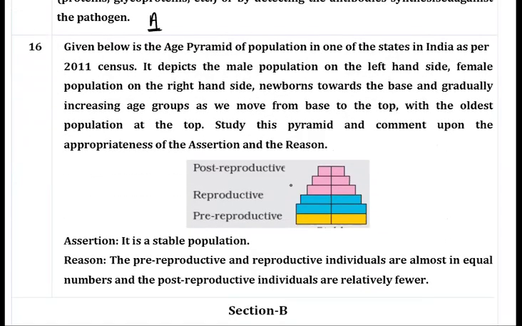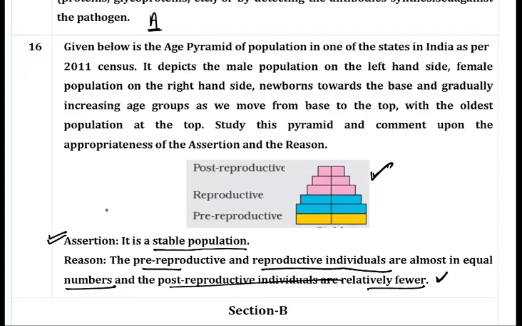And then the last multiple choice question we discuss here. Given below is the age pyramid for one of the states in India. The assertion is that it is a stable population, and the pre-reproductive and reproductive individuals are almost in equal number, and post-reproductive individuals are relatively fewer. So the assertion is saying it is a stable population, correct?